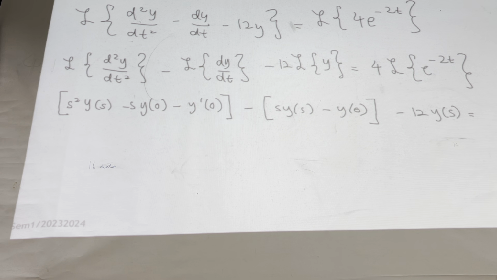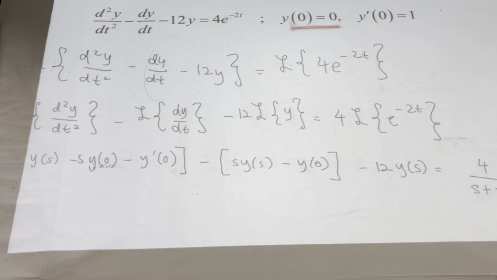Alright, now we are going to substitute the initial values that we know. So what is y(0)? y(0) is 0, and y prime (0) is 1. So here we have 1, here 0, here also 0. So substitute. We have s squared Y(s) minus s times 0 minus 1.